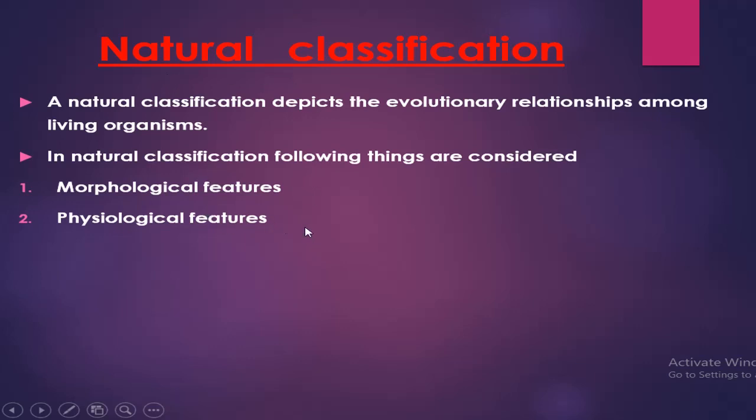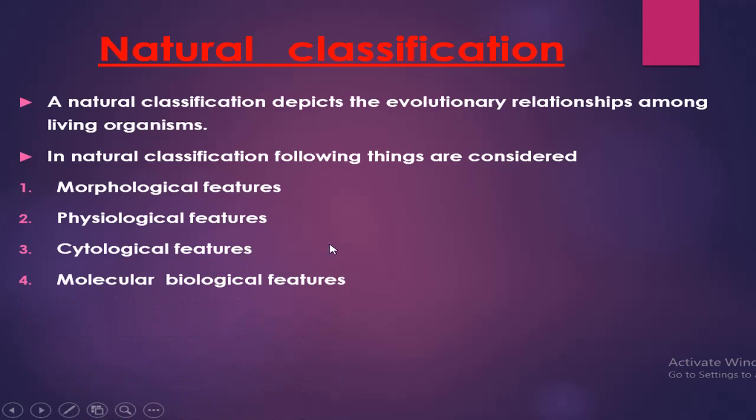Not only these two features, the next one is cytological features, and then molecular biological features. Those are the features considered in natural classification. Tell me, what are the features considered? Morphological features, physiological features, cytological features, and molecular biological features are the features considered in natural classification.